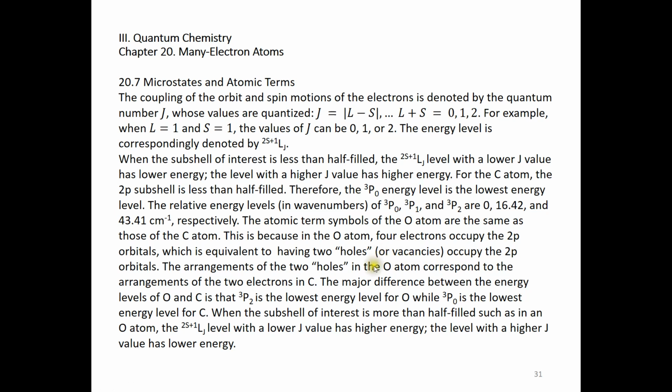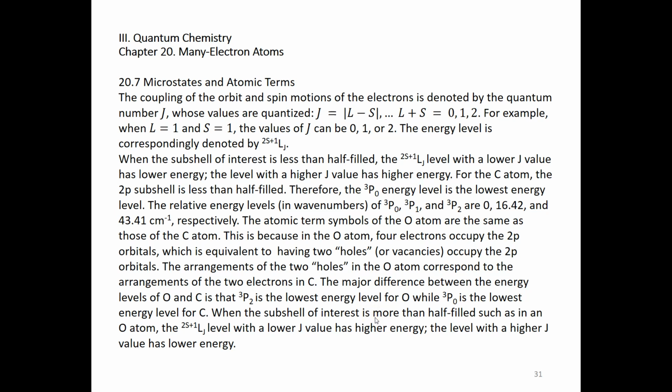So that's why regarding the J value for oxygen and for carbon, we have two different rules. When the subshell is less than half filled, then lower J value means lower energy. When the subshell is more than half filled, well, a lower J value means higher energy.